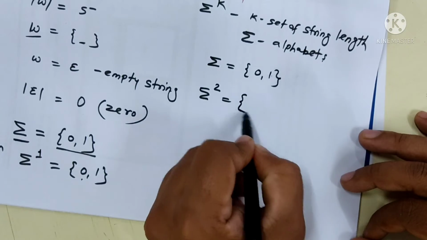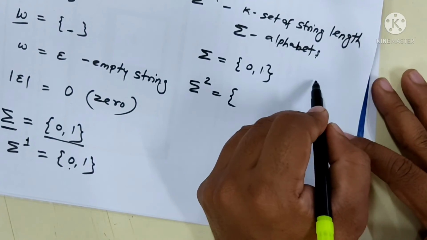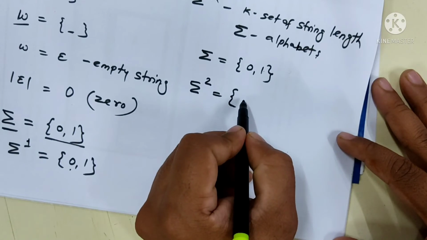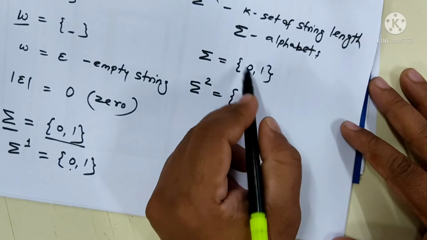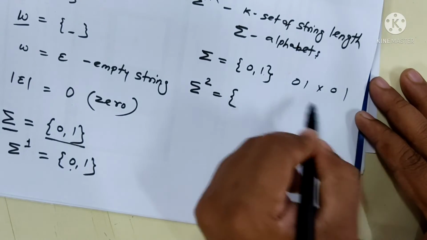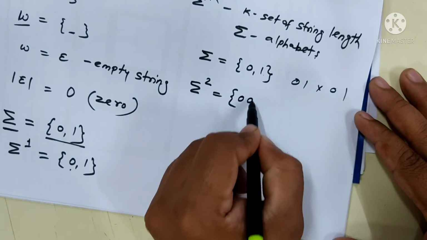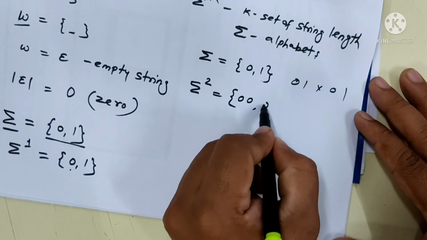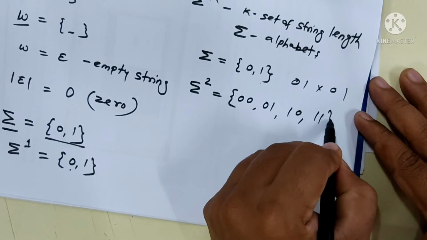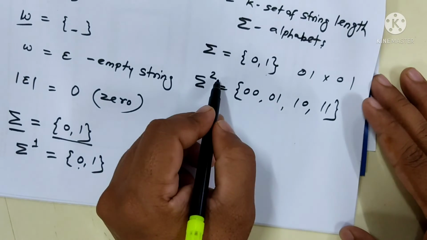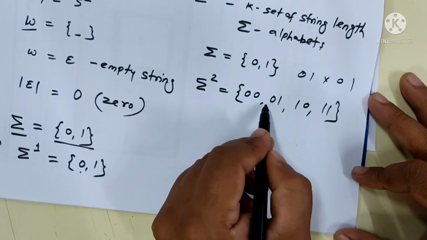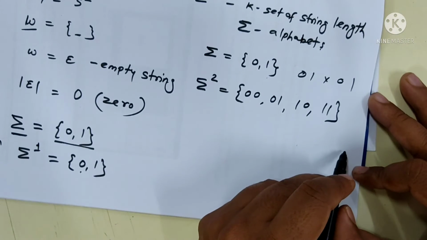At that time we calculate {0, 1} multiplied with {0, 1}, so two-way combination. 0 into 0 gives 00, 0 into 1 gives 01, 1 into 0 gives 10, and 1 into 1 gives 11. So sigma raised to 2, like sigma^k with k equal to 2, the combination is 00, 01, 10 and 11.